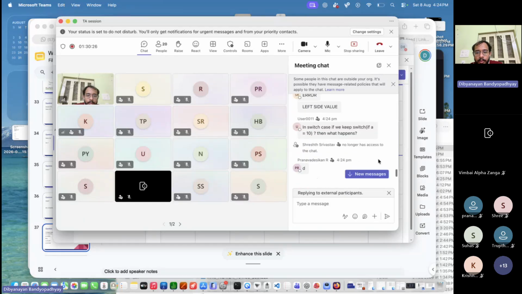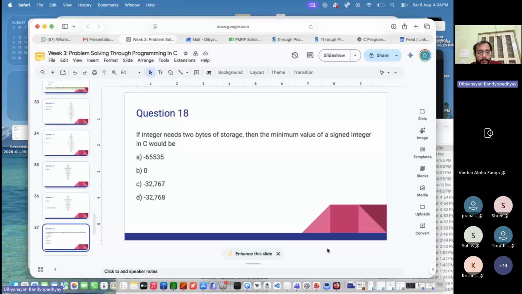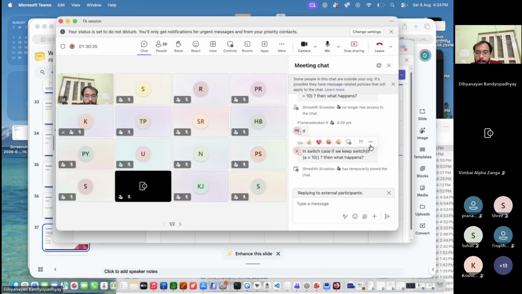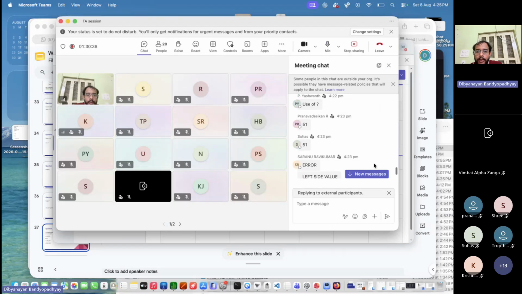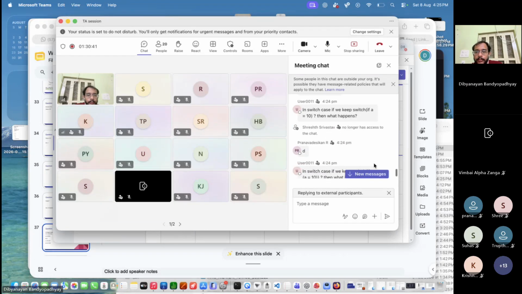51, 51. Okay. No, it is not 51 actually. It is compiler error. In switch case, if we keep switch if a equal to 10, then what happens?